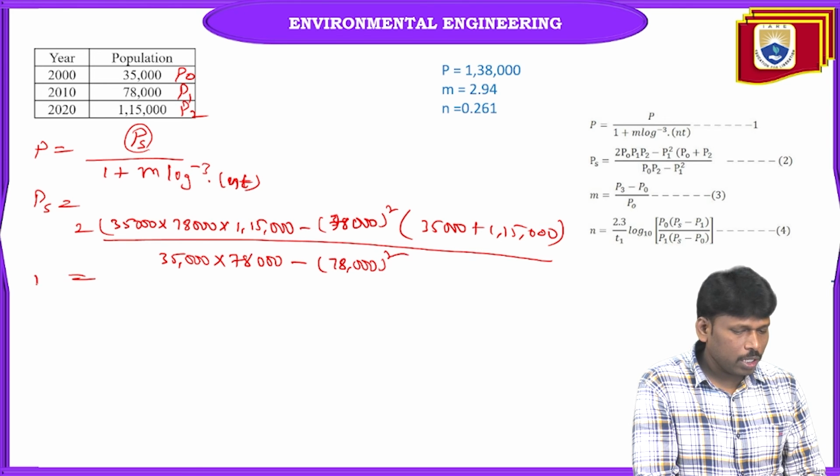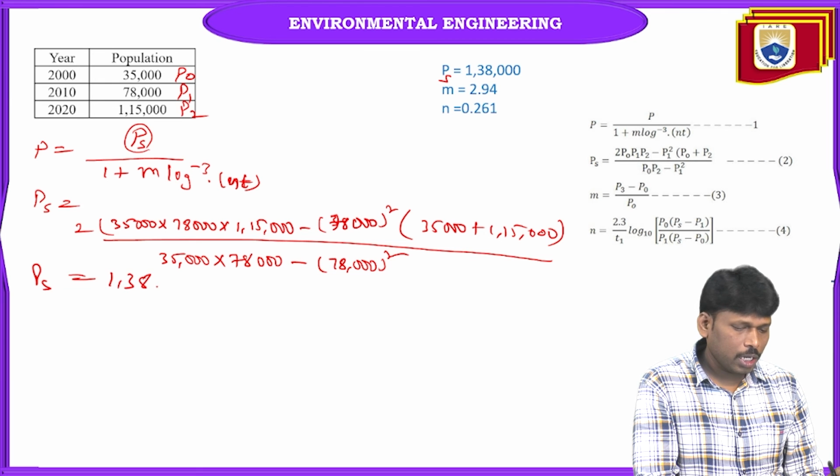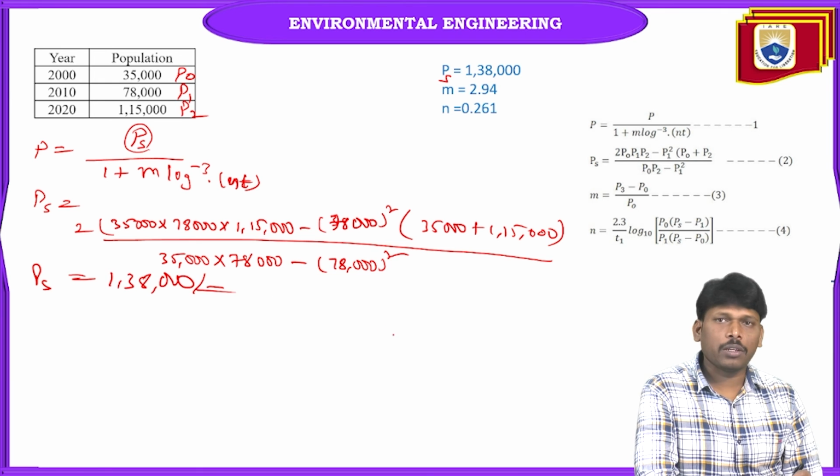Once you solve this equation, we will get the PS. This is PS equal to 1,38,000 population.